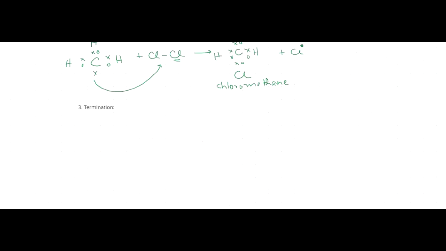In termination, what are the possibilities? Possibility number 1 is that two chlorine free radicals can react with each other and chlorine gas is made. Second possibility is that a chlorine free radical can attack a methyl free radical. In this case, we will get chloromethane, CH3Cl.